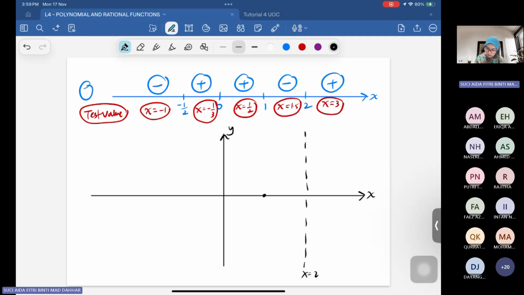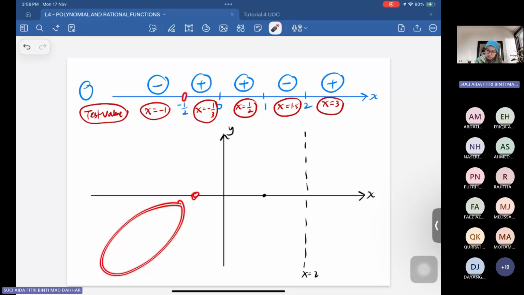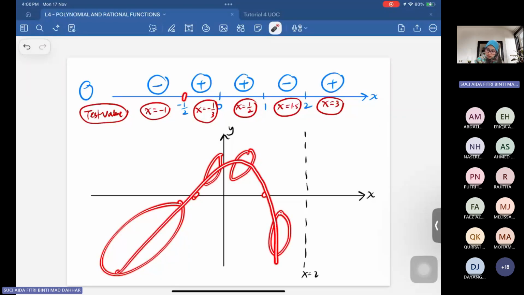They will cut twice like this. So before this, it is below, negative. And then after this point it is now above. Did you notice, before the intercept it was below here. After that, it is above. This is still above. And then after the second intercept, it is now below. So your graph will look something like this.